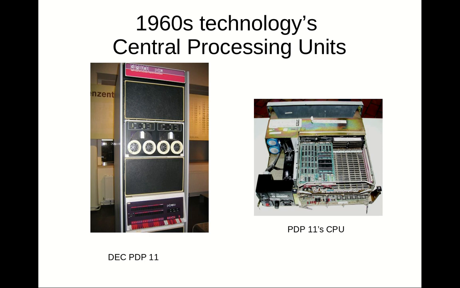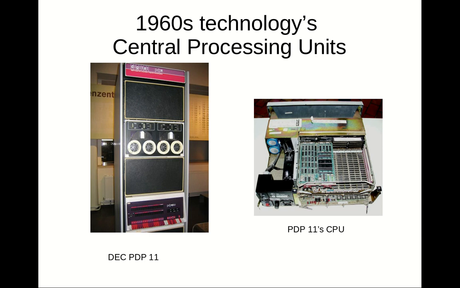Now inside of this machine, the DEC PDP 11, there was the central unit, and that is actually also the main topic of this course, later, the central processing unit. Basically this is controlling the execution of the program itself. Now in the 1960s, this was not a single chip that is somewhere located on the main board of the computer, but instead the central processing unit was a board by its own.